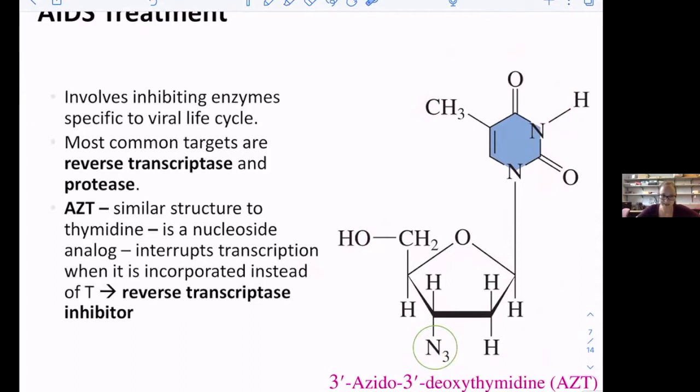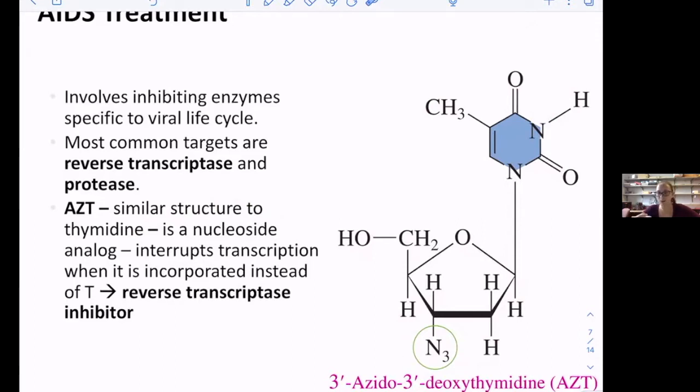It has a similar structure to thymidine, so it's a nucleoside analog. When the body is making more DNA and RNA, it thinks that this is just like thymidine, and it's not, because it has that azide here.